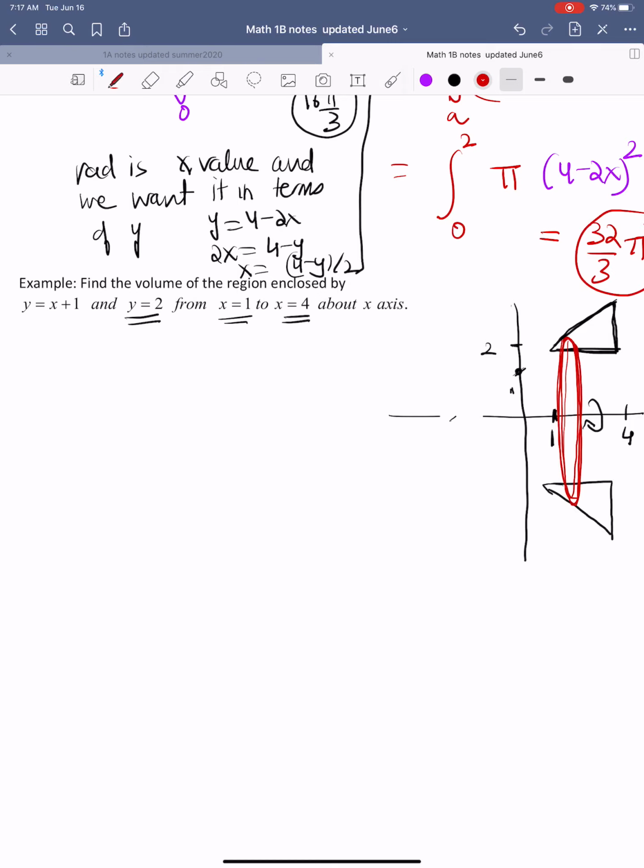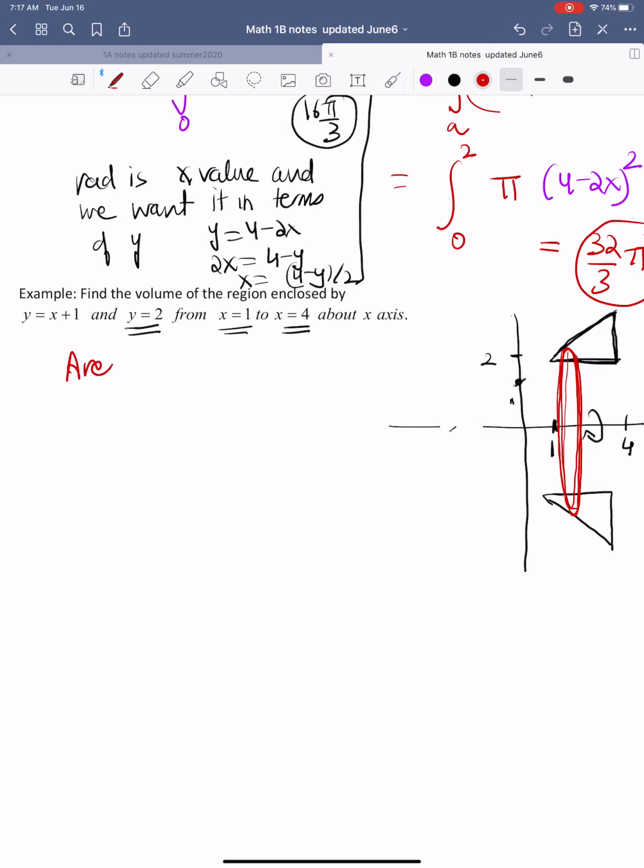Okay, so let's first think about the area of one. We have washers in this case because there's a gap in the middle. There are holes in the middle for these washers. The region that I kind of shaded in the middle is a hole that's empty.